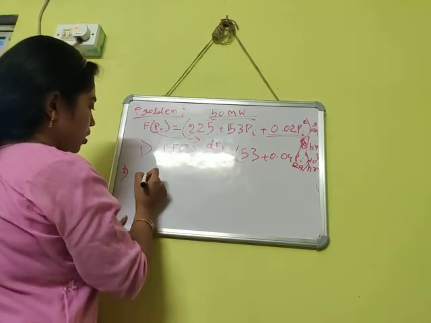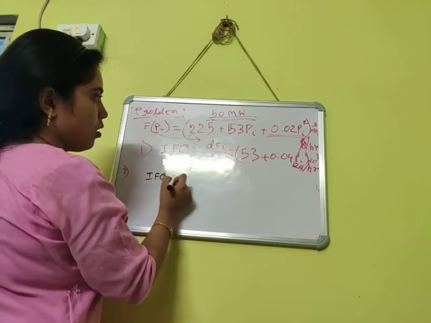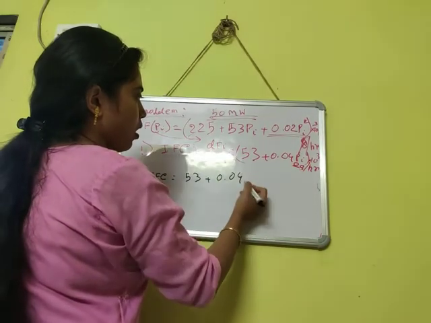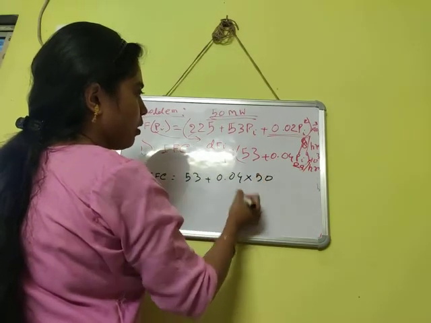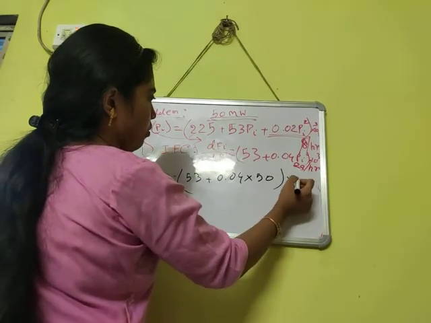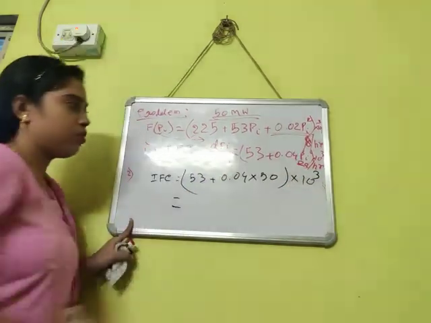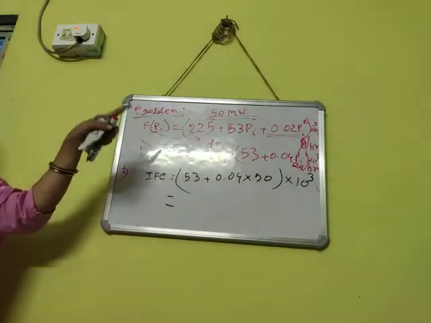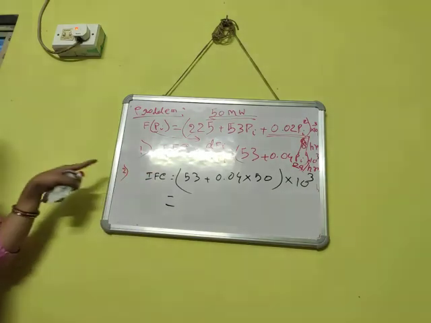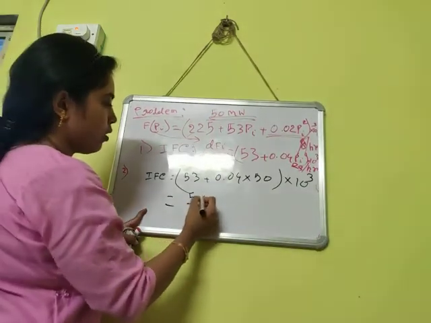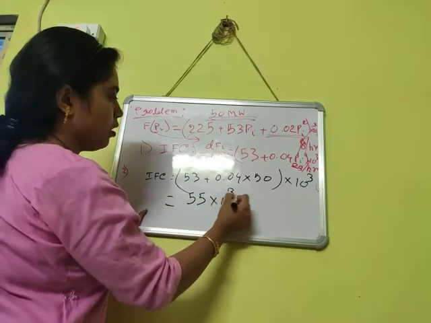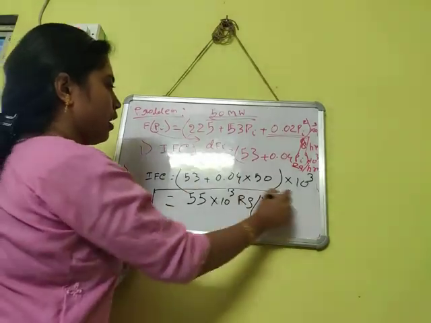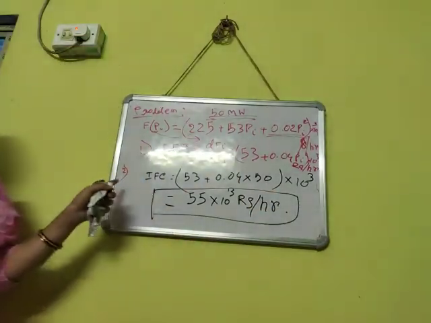That's why IFC equals 53 plus 0.04 into 50, with 10 to the power 3 as it is. So if we multiply 0.04 with 50 and after addition, you will get 55 into 10 to the power 3 rupees per hour. Okay, like that we will solve the problem.